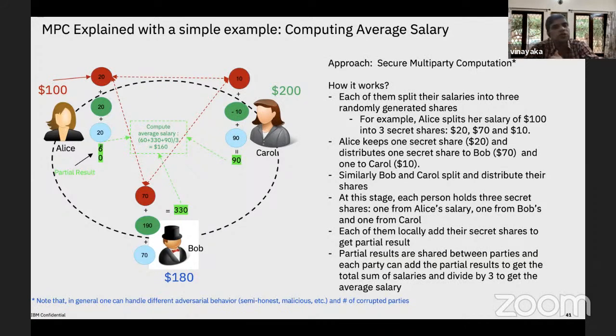And you need to do extra things to handle that. Bob could potentially try to cheat, or Carol could potentially try to cheat, etc. In this case, we assume that nobody is going to cheat, right? And all of this will mean that instead of working with numbers, we will work with what are called polynomials. And that's what is secure multi-party computation.